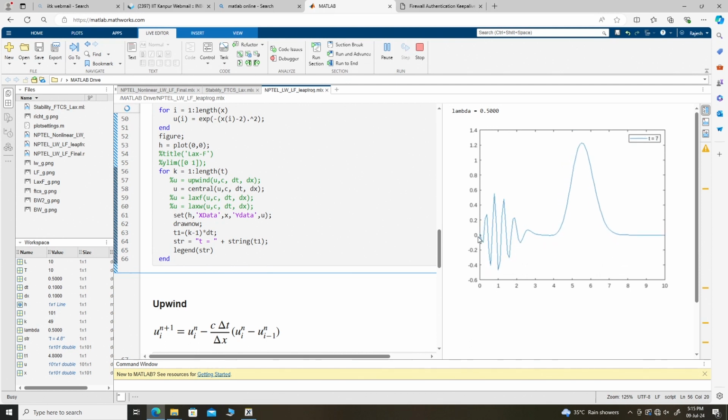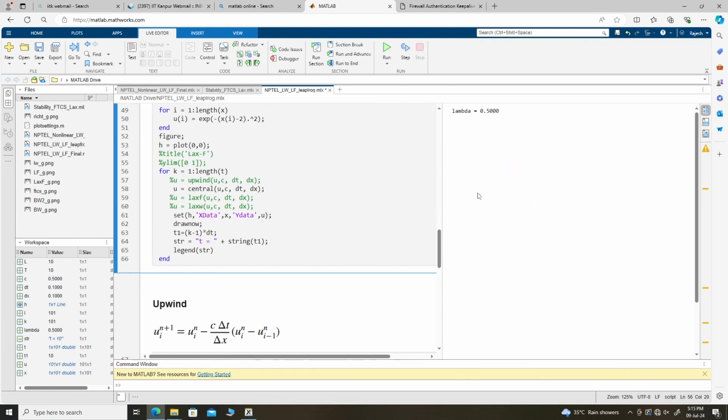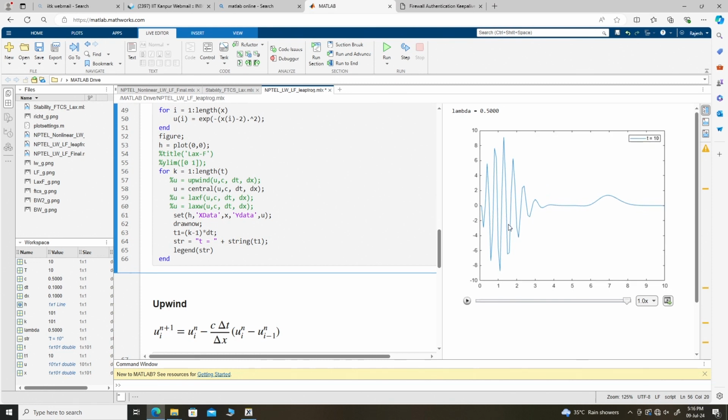This will become bigger and bigger with time, because there is no dissipation in the central differencing scheme to kill this out. Eventually you can see the axis going to minus 6 and 6, and it keeps on growing, and now it blew up. If you run it for a longer time, you will not see anything.